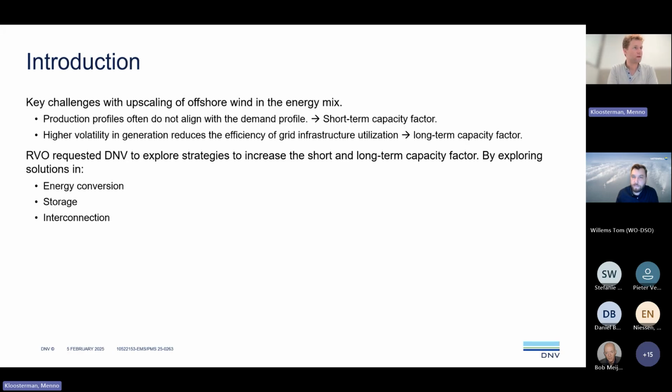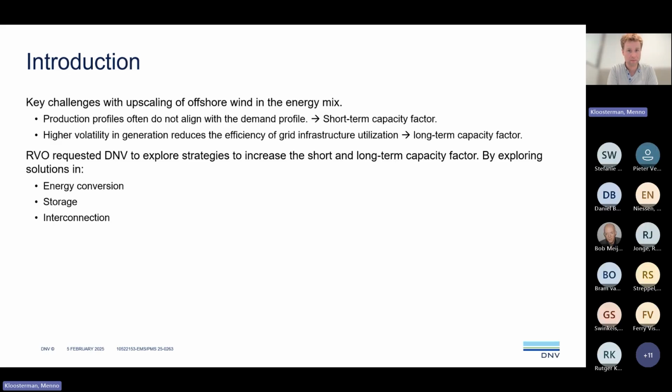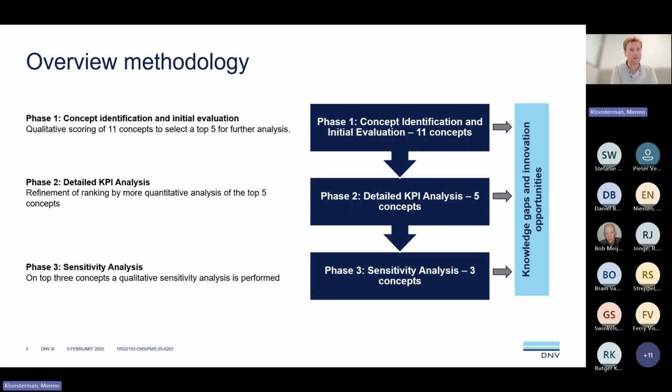For this study, we have looked into several strategies to improve this capacity factor of offshore wind farms. We looked at energy conversion concepts, we looked at storage, and also interconnection concepts. And in order to narrow down our scope, we have come up with a methodology that's outlined on this slide here.